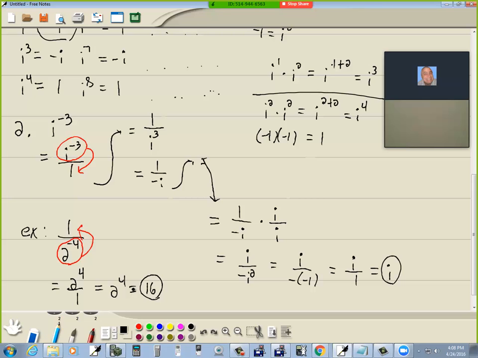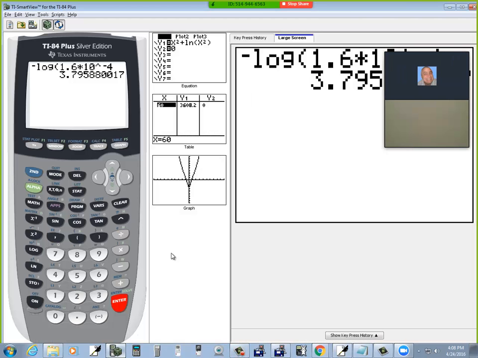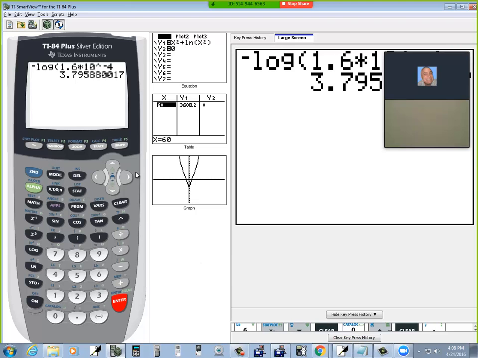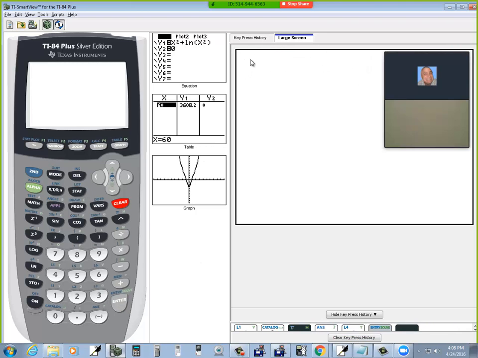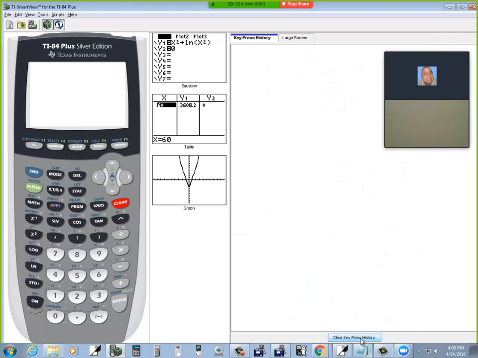Now to do this on the calculator, we want to do i to the negative 3. Now i is above your decimal.